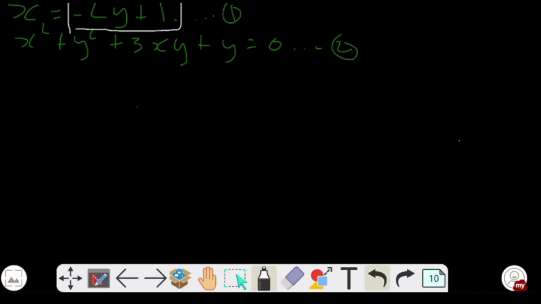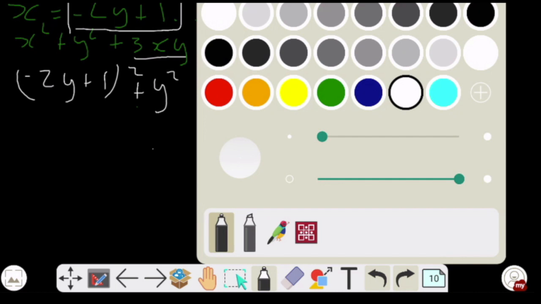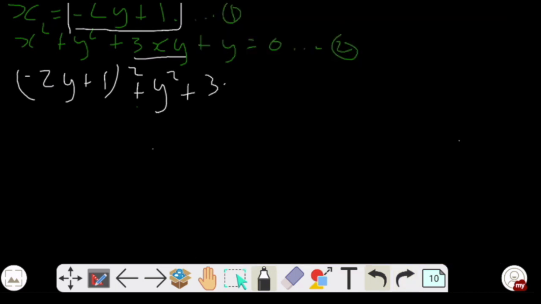Meaning in this case, we are going to have minus 2y plus 1 all squared plus y squared, and then we have another x, but then to make things a bit easier for us, I can say 3y into minus 2y plus 1, close bracket, plus y equals 0.